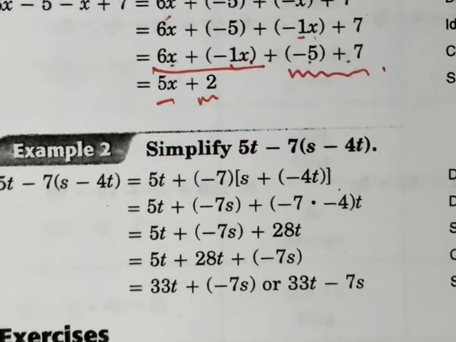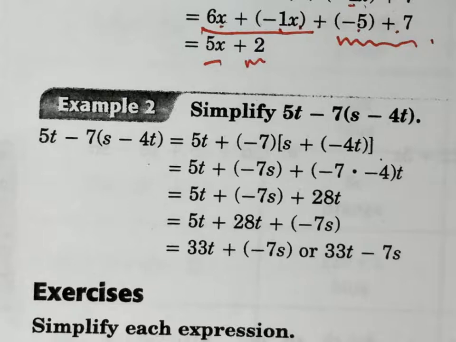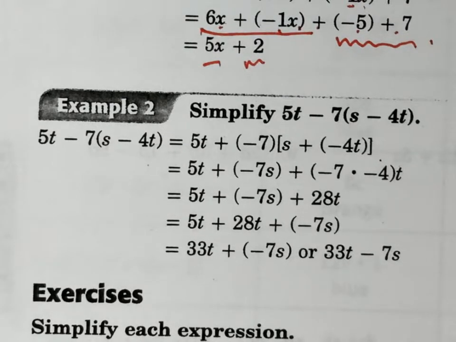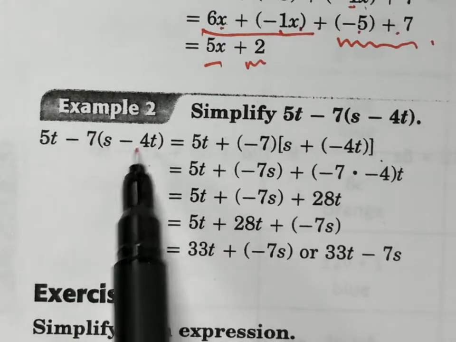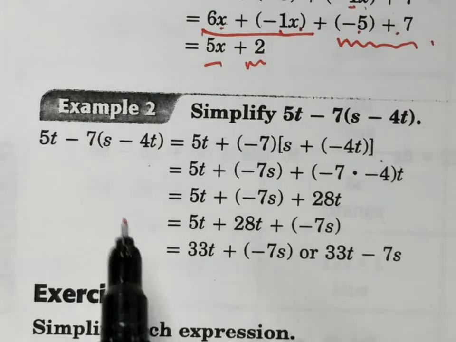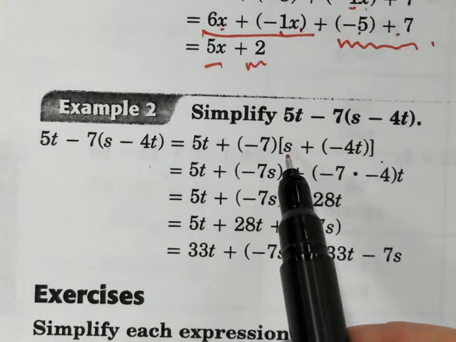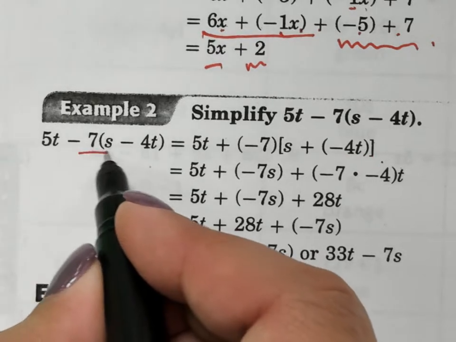Number 2 has a couple more steps added in. I have 5t minus 7 times s minus 4t. So the first thing I want to do here is change my subtractions to additions. So I've got 5t plus negative 7 times s plus negative 4t. What does this look like right here?